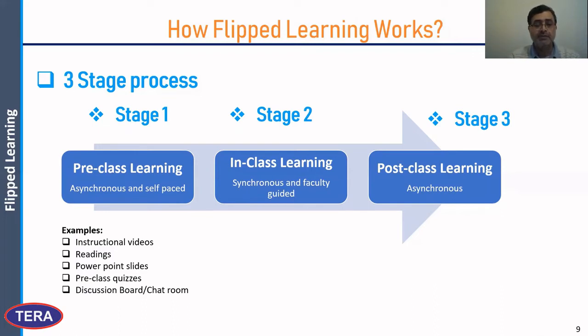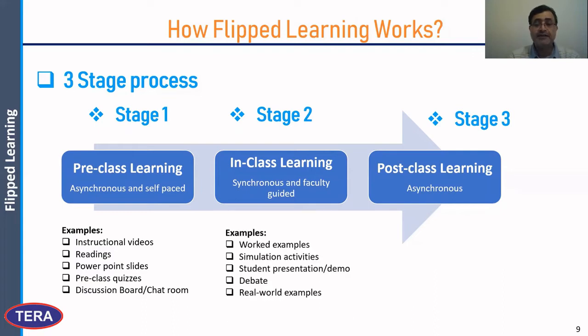Some examples of those activities are worked examples, simulation activities, students' presentations, demonstrations, debates, and real-world examples. And in the third stage, where students do the post-class learning, the upper one-third of Bloom's taxonomy is the focus, and this is all about applying and analyzing.